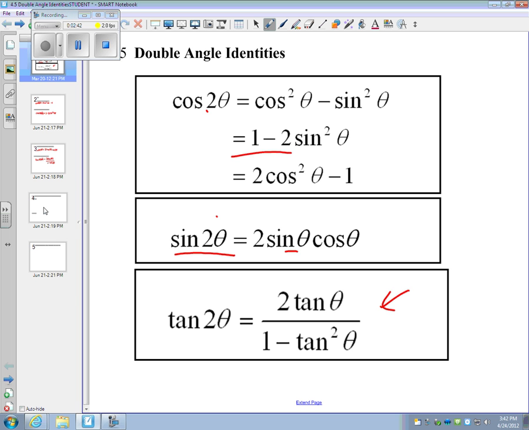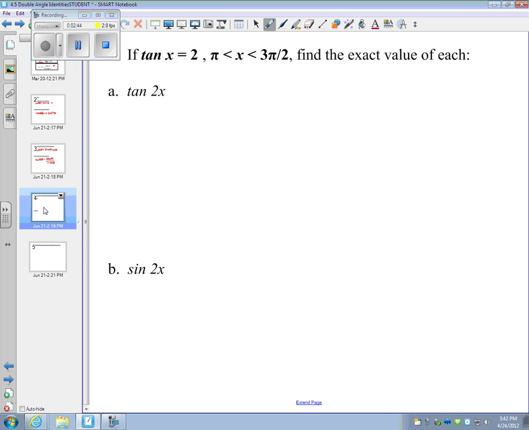Okay. Of course, they're not going to be that easy. So if tan of x is 2, and x lies between pi and 3 pi over 2, so this is pi, and this would be 3 pi over 2, so x is this angle here. Find the exact value of tan of 2x.